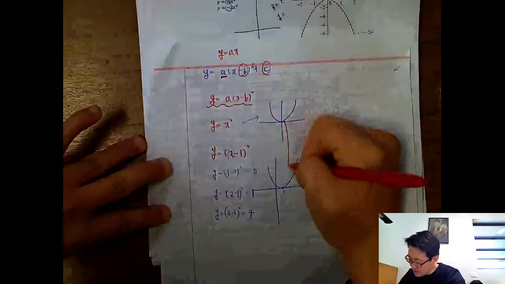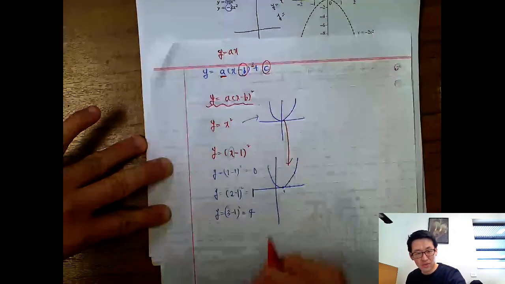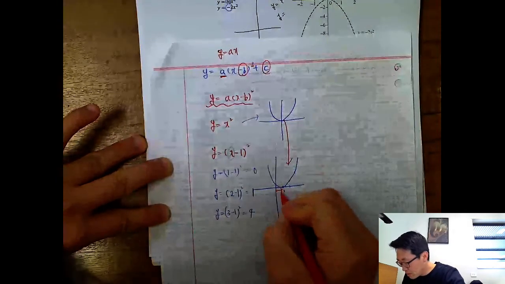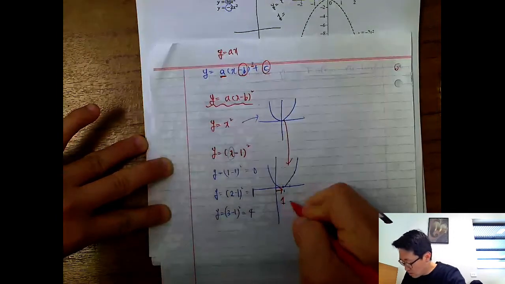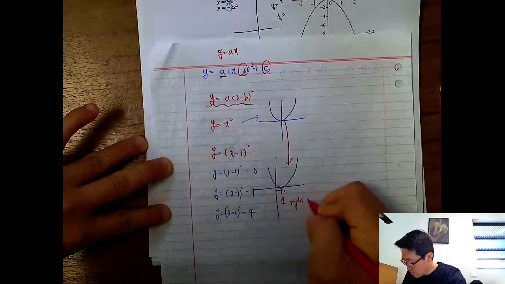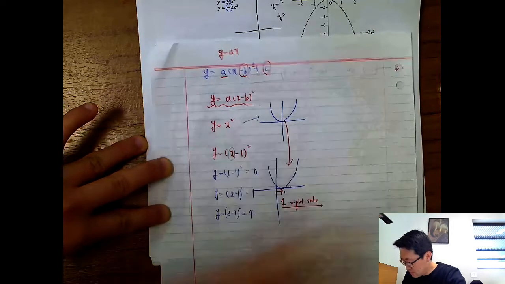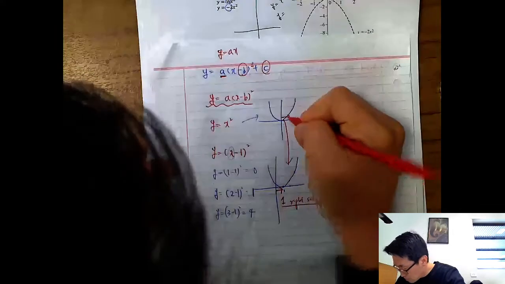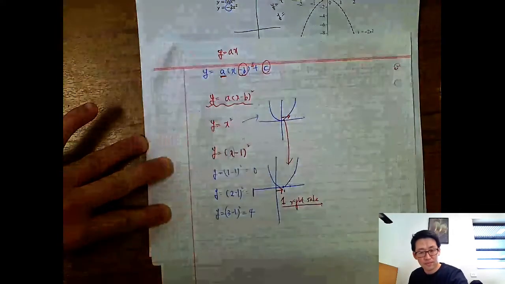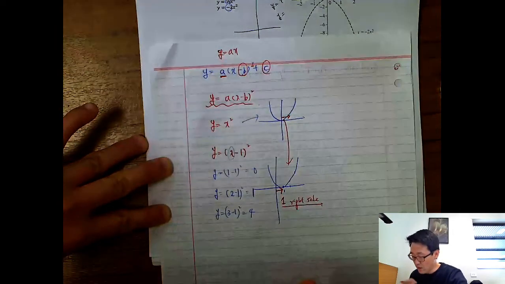So it's exactly the same. The only difference is it moves 1 to the right side. The whole graph just moves 1 positive, or right hand side.